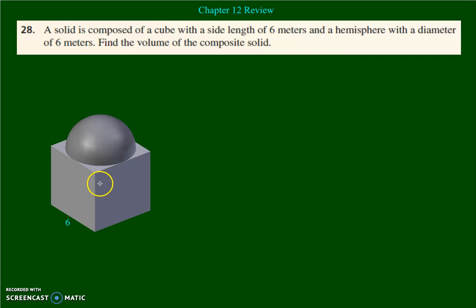We're looking for volume, so the volume is going to be the volume of the cube plus the volume of the sphere. So the volume of the composite is the volume of the cube plus the volume of the sphere.